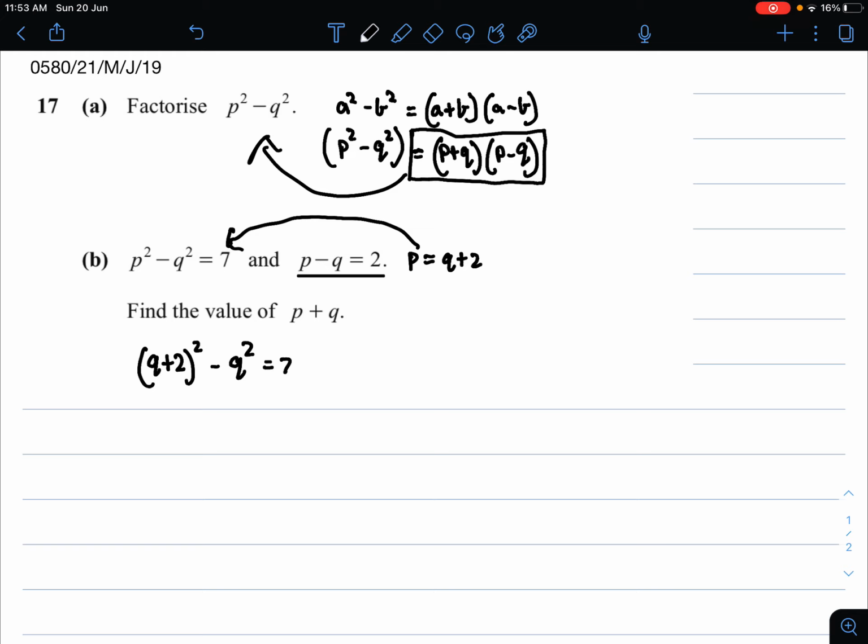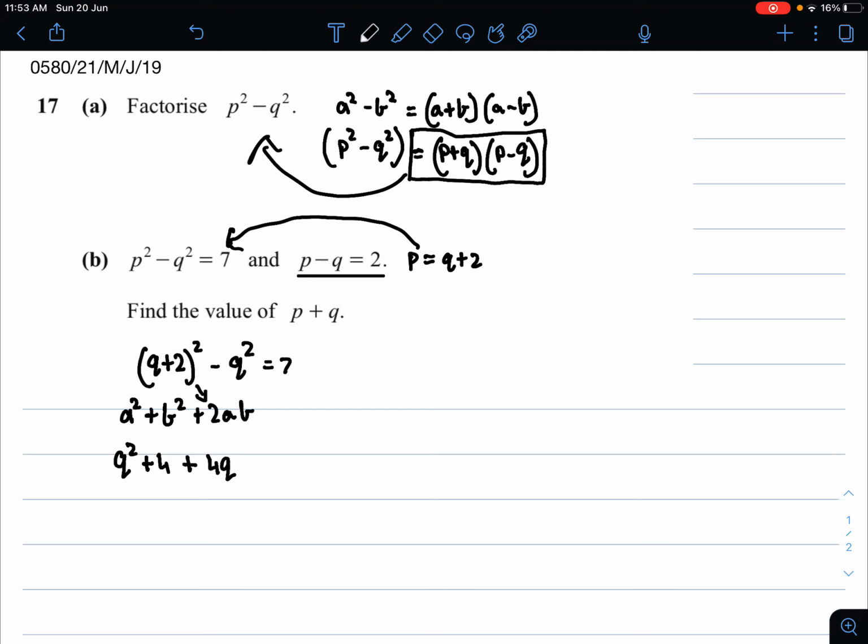can be expanded as a square plus b square plus 2ab. So a square would be q square, plus b square would be 4, and plus 2 times a into b would be 4q, because 2 times q is 2q and 2q into 2 is 4q.